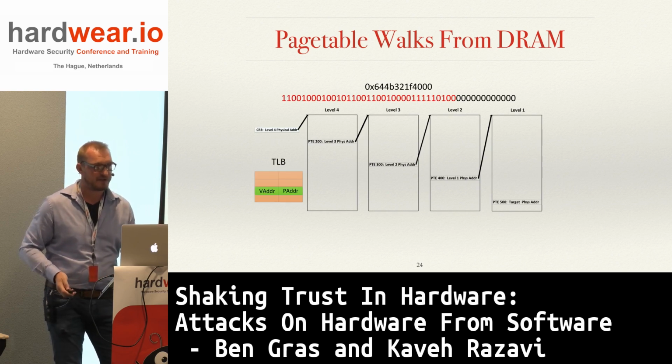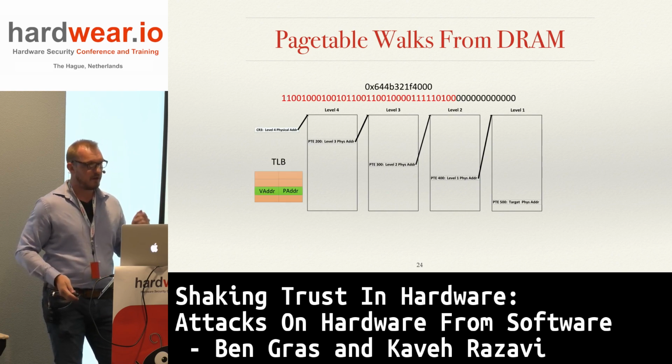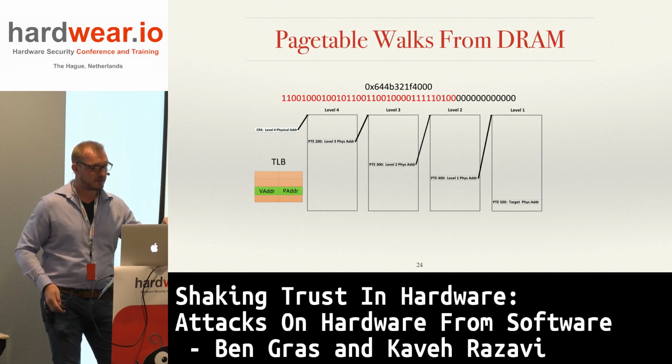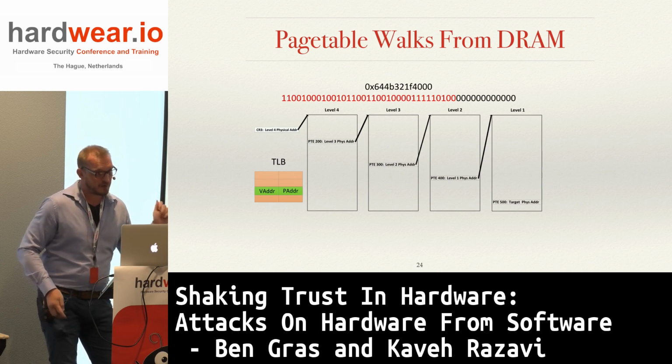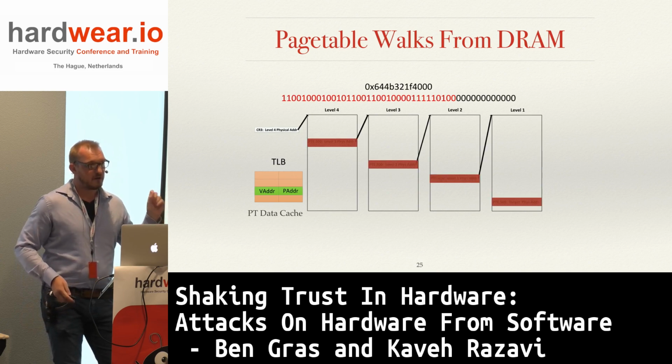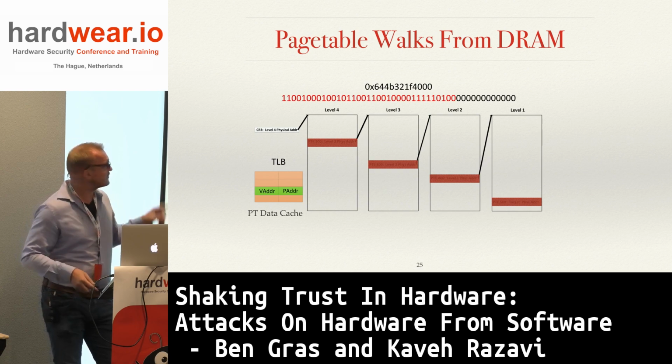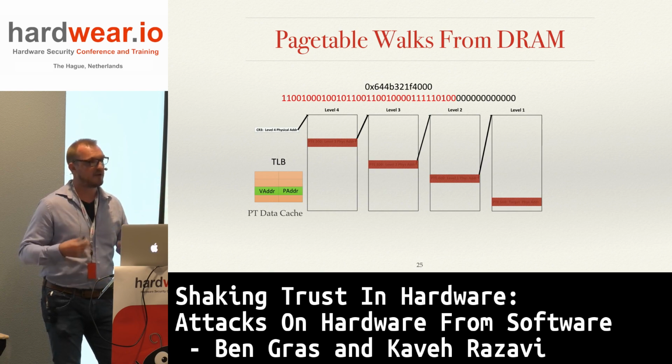So we cache this information very aggressively. First of all, in the TLB, translation look-aside buffer, it goes straight from a virtual address all the way to a physical address. But failing an entry in the TLB, we also cache this information in the regular old CPU cache, right? All those blocks there are picked from the cache if they're available.